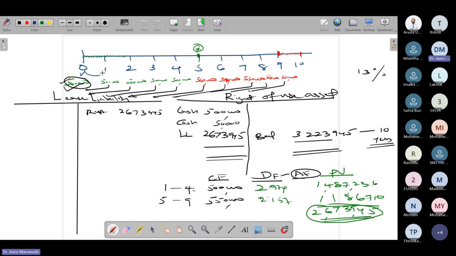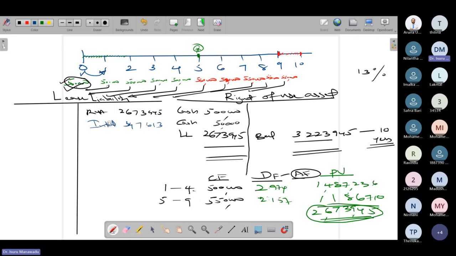From here to here, you need to get the interest of 13% on 2.67 million. 2,673,945 multiplied by 13% is 347,613. Right, that is the interest.